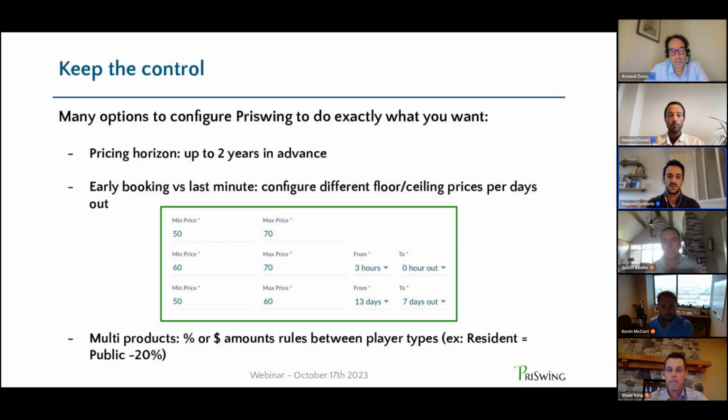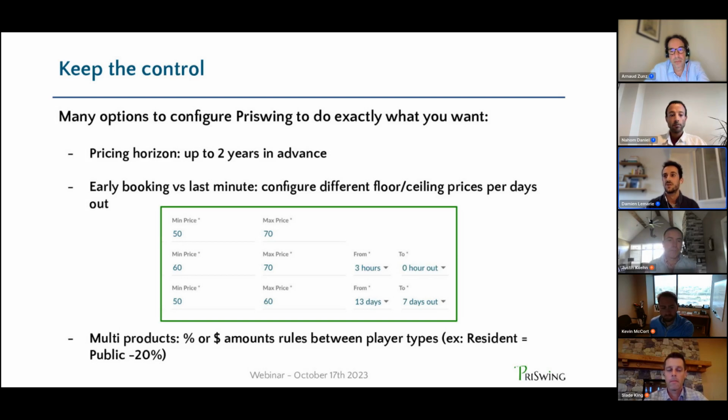And about this part of keeping the control, maybe here a bit more advanced for people who are already familiar with dynamic pricing, but we have many options here to customize the algorithm to do exactly what you want. We can price up to several years in advance. So we can price all 2024, for example, right now.